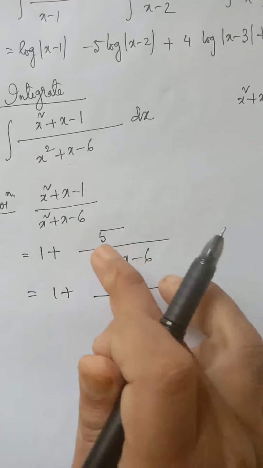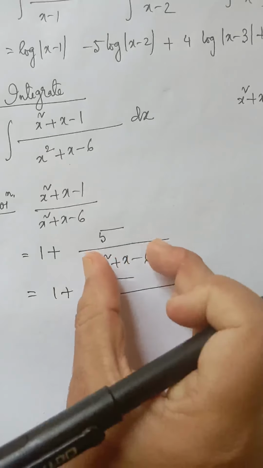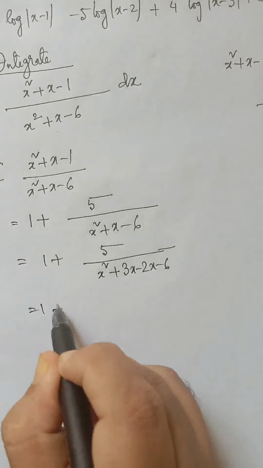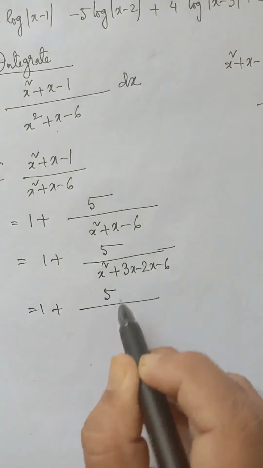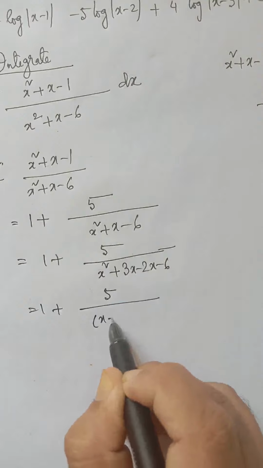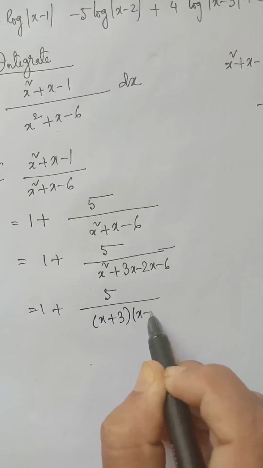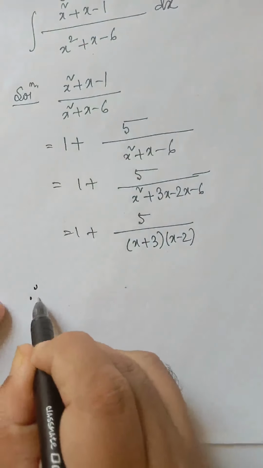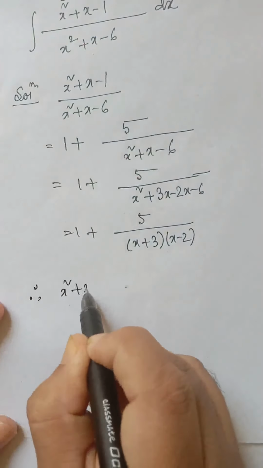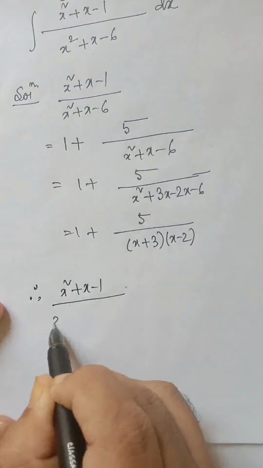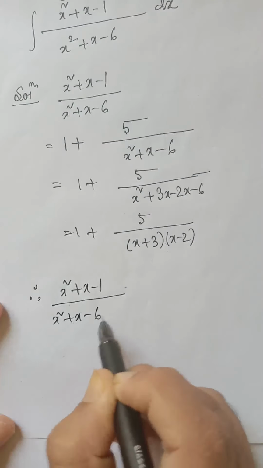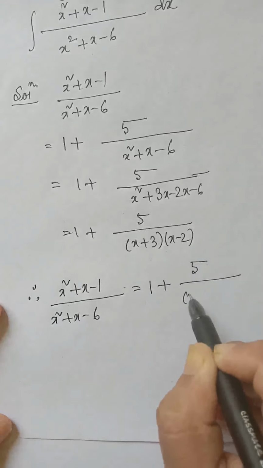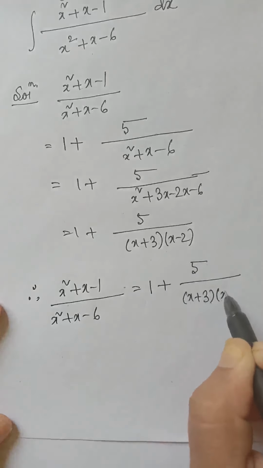We will factorize the denominator, and we get 5 by x plus 3 into x minus 2. Therefore x square plus x minus 1 by x square plus x minus 6 equals 1 plus 5 by x plus 3 into x minus 2.